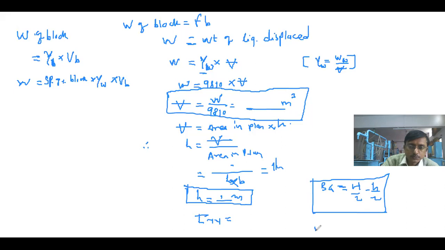Which formula? ZM is equal to IYY divided by V minus BZ. This is the logic behind solving the problem. If everyone understands this, solving the problem is very easy. Write all this properly in your notebook.